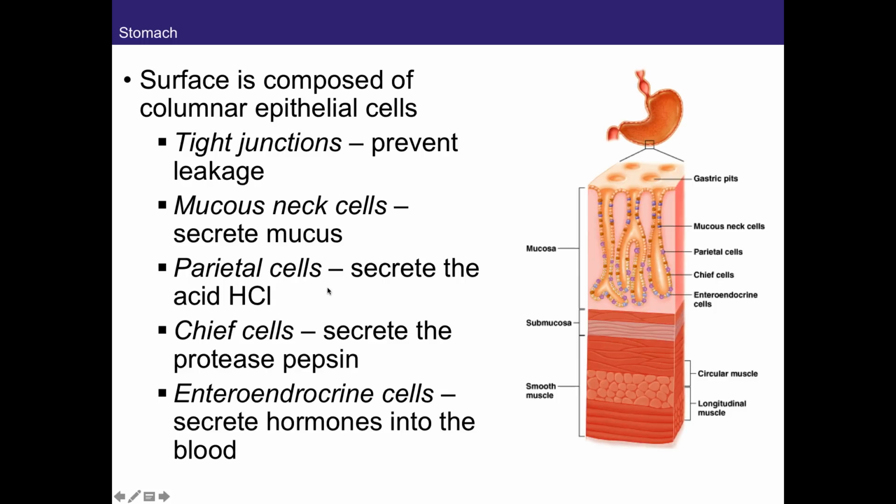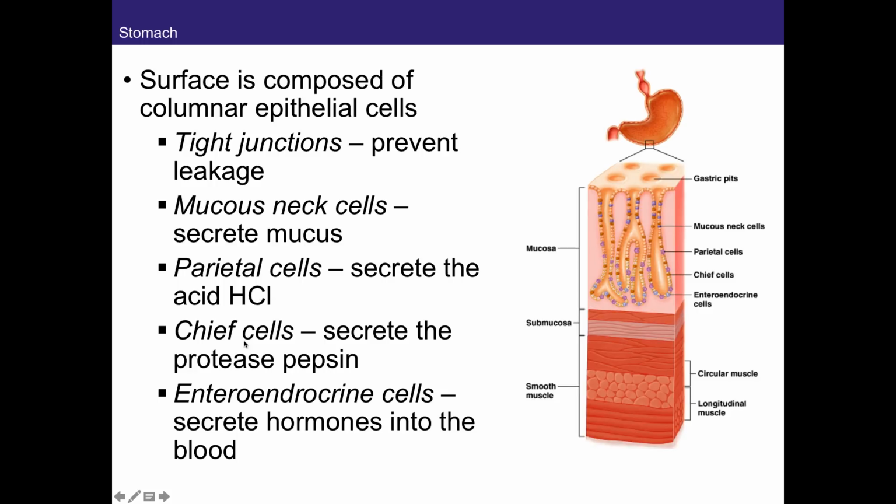Just remember intrinsic factor is essential for life and it helps with the absorption of B12. B12 is actually really important in red blood cell formation. So without intrinsic factor, the result is what's called pernicious anemia. You don't get the same level of red blood cell production, and it causes anemia.